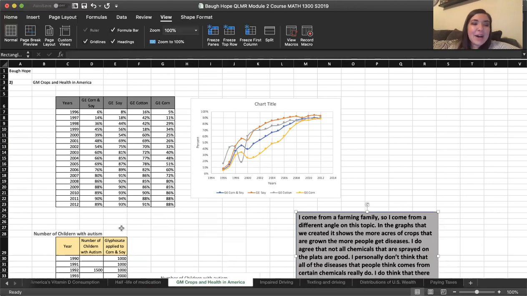You can see that over the years, there has only been more and more crops grown because there's more and more demand for them. But the health problems have grown worse as well. I personally don't think it's all because of the chemicals, because there's so much more research going into this stuff now.